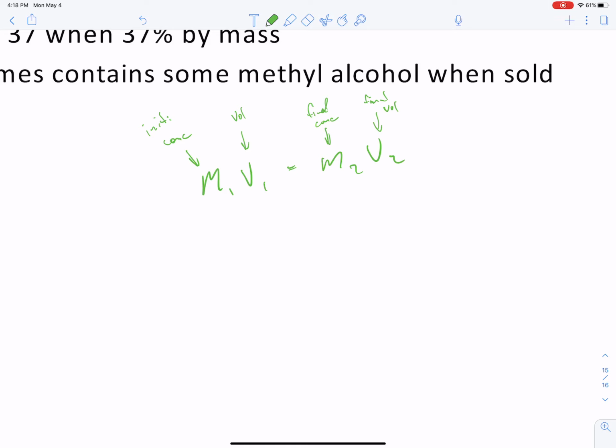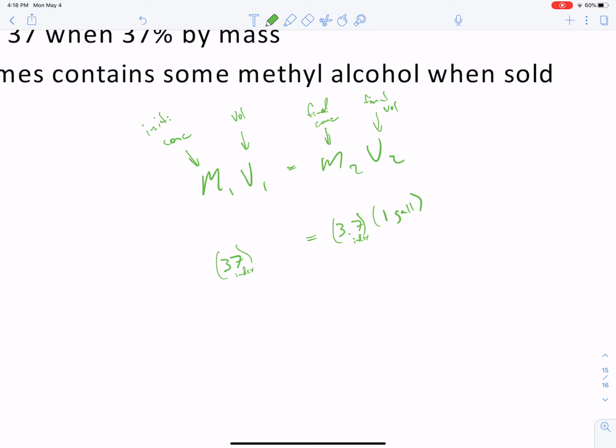So let's think about this. If we have an initial concentration of our formaldehyde of 37, and what we need to have is a final concentration of 3.7. This is index, okay? When you have an index of 37, we need an index of 3.7, and we need 1 gallon of this.